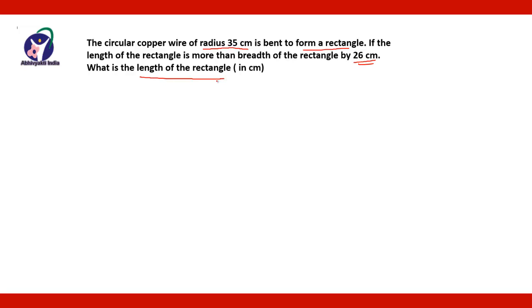Now here, the radius is equal to 35 centimeter. Since the circle is reshaped to a rectangle, the length of the wire, here it means the circumference of the circle, will be equal to the total length of the wire, that is the perimeter of the rectangle.